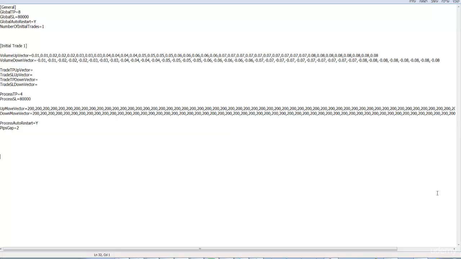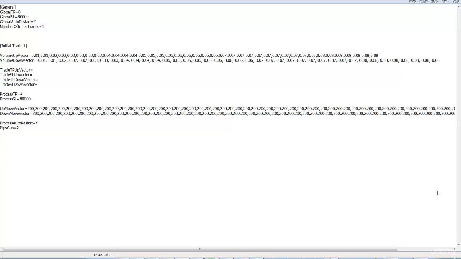In addition to that, let's turn our attention to these vectors, the volume up vector and the volume down vector. You can see it's starting from 0.01 and it continues for another 0.01, 0.02 that repeats 3 times, and 0.03 that repeats also 3 times, and 0.04 that repeats 4 times, and so on and so forth.